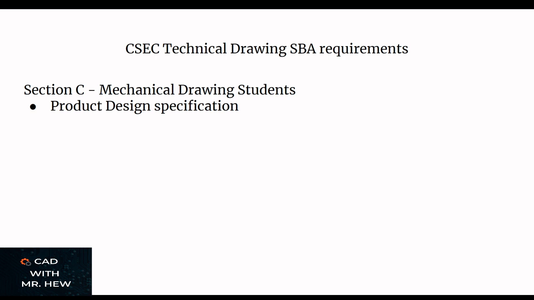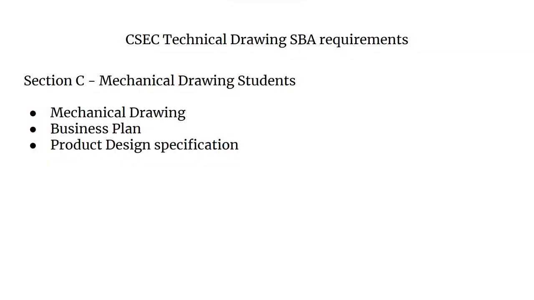The last component, right, for the mechanical drawing students is a product design specification, right? So in section C, there are 3 requirements. You have the mechanical engineering drawing, the business plan, and the product design specification. Okay?